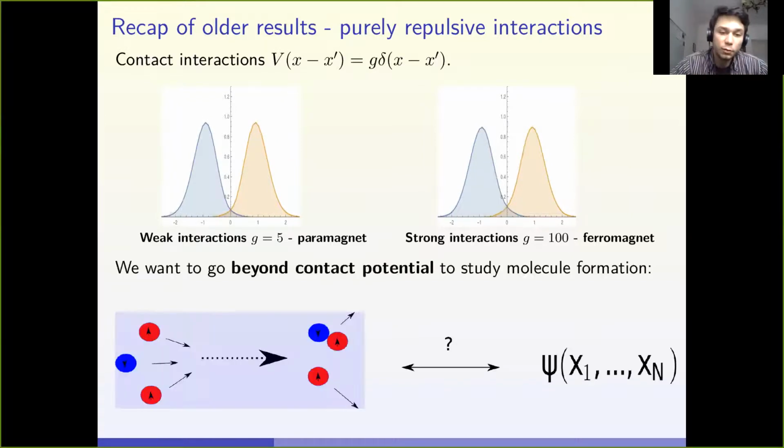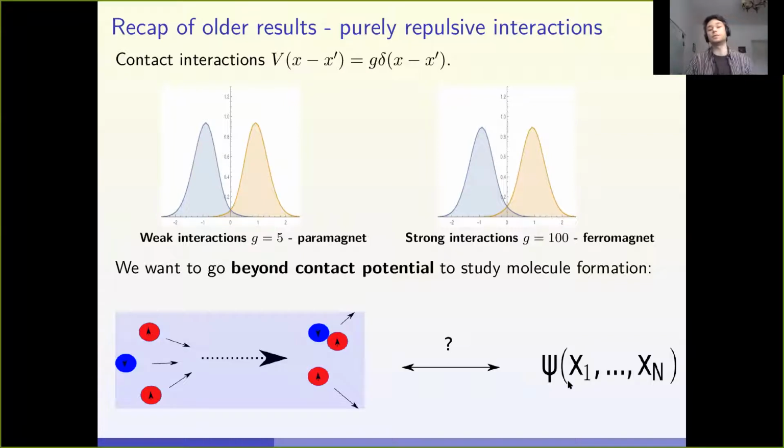But we want to go beyond that. We would like to somehow study the process of molecule formation. So for sure, we need a different potential, but we also have to answer the question of how to relate such processes that we imagine classically to the full many-body wave function.